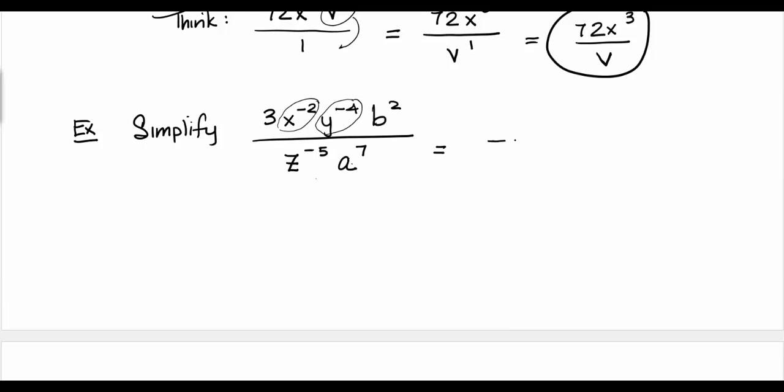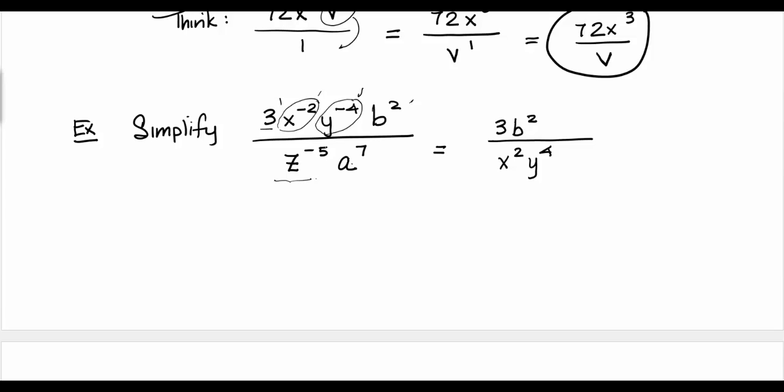So let's go ahead. My 3 stays up top, because that's like 3 to the 1. My x to the -2 pops down to the bottom. It becomes a +2. My y to the -4 also goes down to the bottom and becomes a +4. And my b squared stays up top because it has a positive exponent. So now let's march down the bottom.